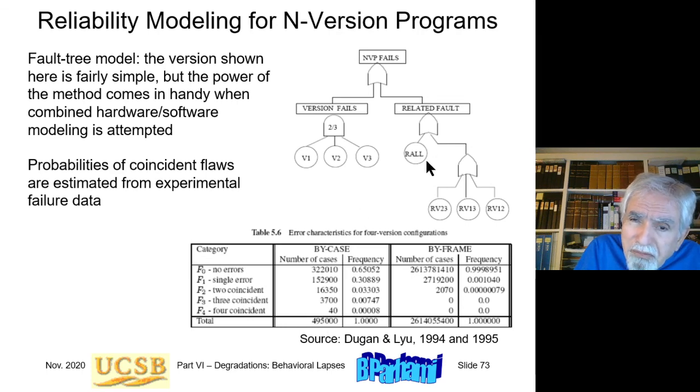So the probability of this happening is small, and we can quantify it by looking at these numbers. 3 versions malfunctioning together is a bigger number, and so on. Most likely you have no malfunctions, the bulk of the cases, or a single malfunction, and this is basically designed to tolerate one software malfunction. You get here, you're in trouble, and then these kick in, and the system can fail.